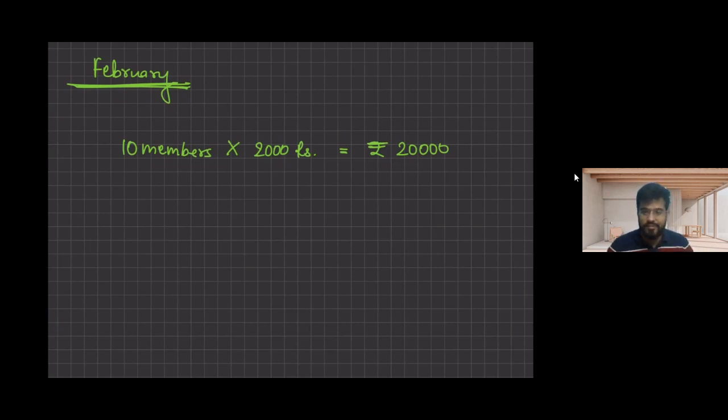The answer is yes. Correct. But there are some arrears of subscription as well from the month of January. So there were two members who have not paid the fees. So that is rupees 4,000, that is arrears from January.